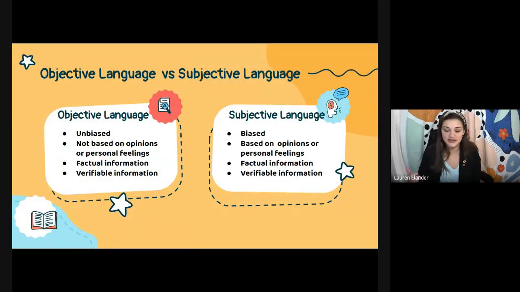This all leads into the idea of objective versus subjective language. So when we're thinking about things that are objective in our writing, we want them to be not biased and not just based off our personal preferences, not opinions or feelings, but instead factual information that we can verify or prove. If we think back to The Office, I can't prove that it's the best TV show, but I can prove that it has the most views on Netflix.